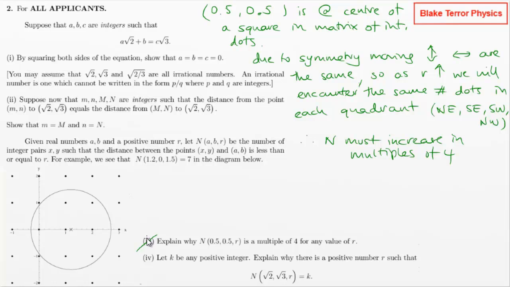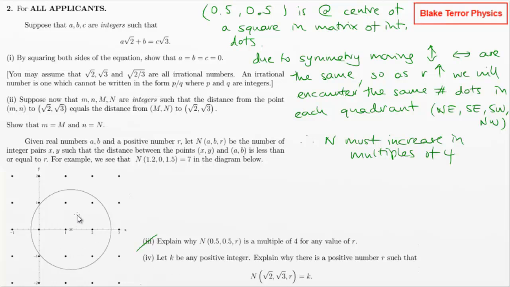Right, let k be any positive integer. Explain why there is a positive number r such that n root 2 root 3 r equals k. Right, this has clearly got stuff to do with what we've done already, because we've got this root 2 root 3 has come back in again.